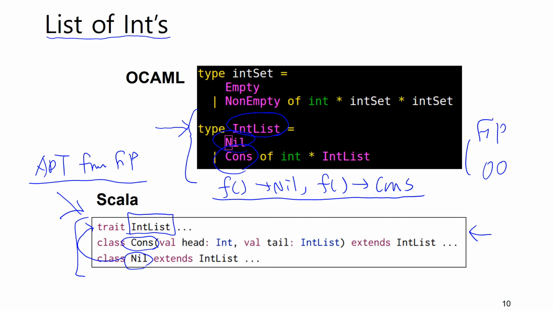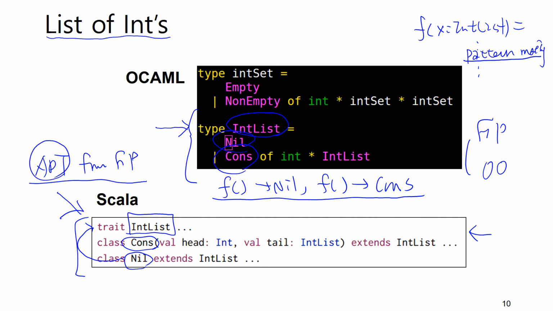So you should have a single function f, which must take an argument of type IntList, and then you should perform pattern matching here. That's the price that you have to pay in functional programming for using abstract data types.